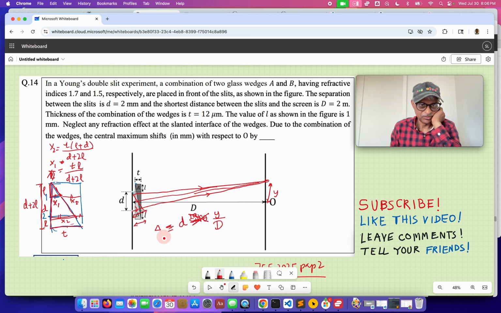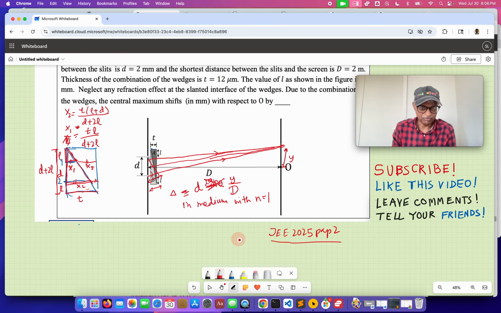So what's going on is you're going to have that path difference in a medium with n equals 1. It's all about optical path difference in Young's double slit.